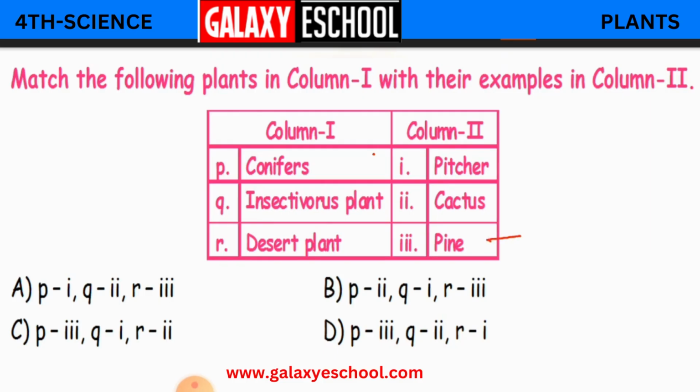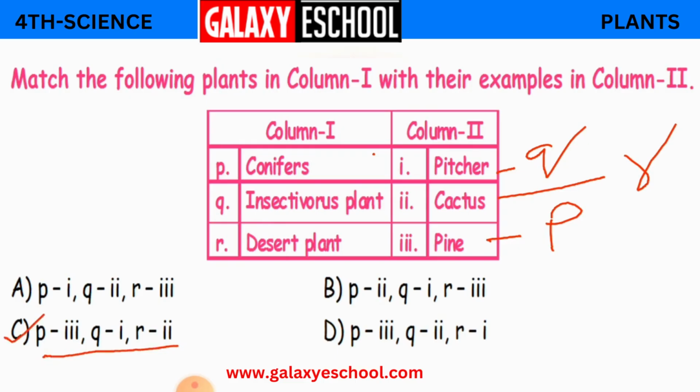So this third option will match with this. Insectivorous plant, that is pitcher plant, that is Q. Then desert plant, cactus, that is R. So now how will be our answer? P is of 3, Q is of 1 and R is of 2. C option, and this is the correct answer.